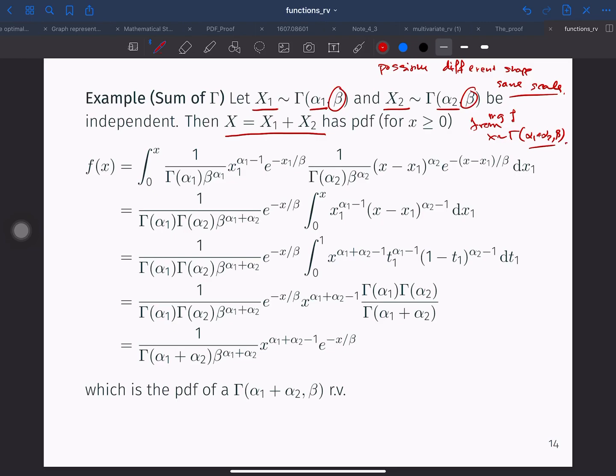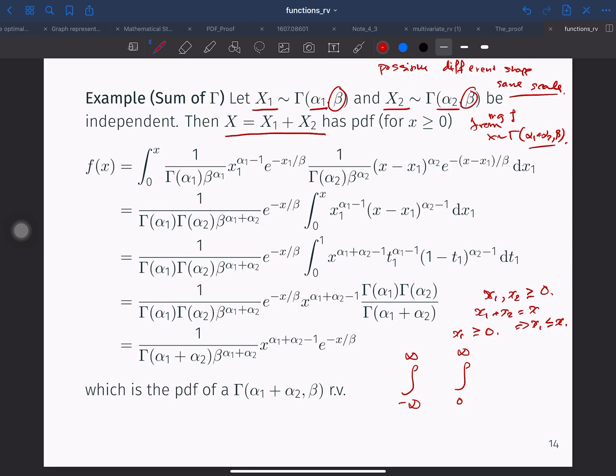So let's verify that. Once again, now we have to be careful. We want to integrate from negative infinity to infinity. But really, because the support of x1 is greater than 0, we really have to integrate from 0 to infinity. But because x1 and x2 are both positive, x1 plus x2 equal to x implies that x1 has to be less than or equal to x.